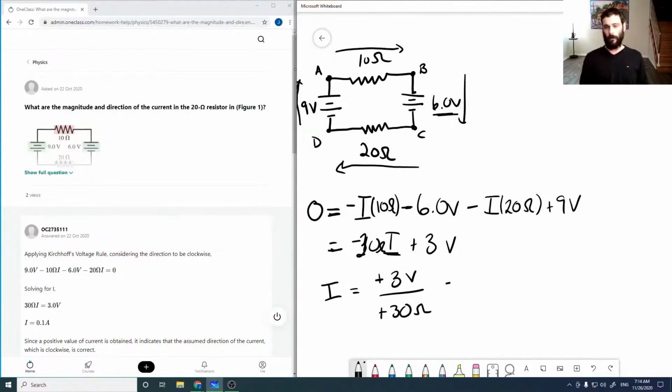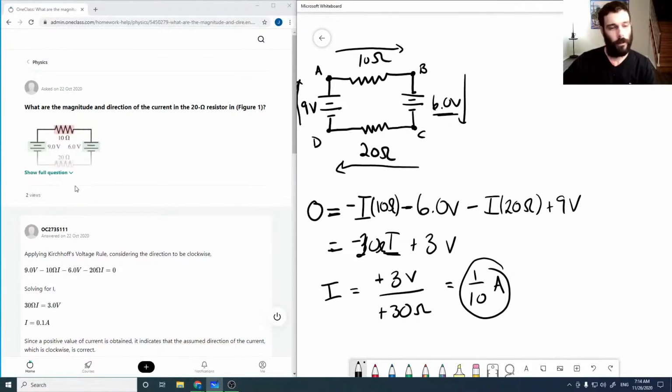Negatives cancel, and that's 1 over 10 amps. The current comes out to be positive, meaning our initial assumption that the current was clockwise was correct. So the current through the 20 ohm resistor is 1 over 10 amps, and it's going in a clockwise direction.